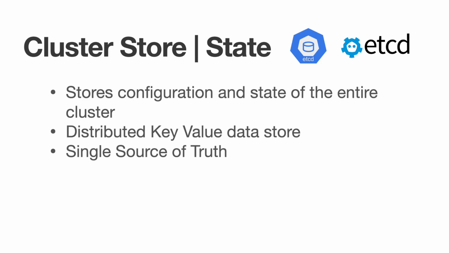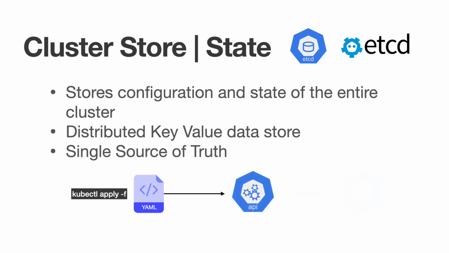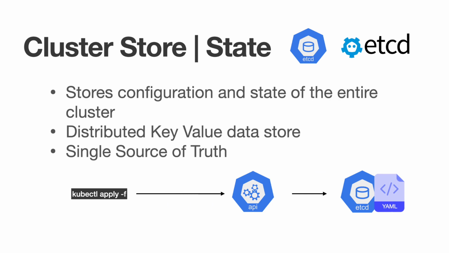So here, if I use kubectl, which you're going to learn in a second, and, for example, you want to apply a YAML manifest, then that goes through the API server all the way to the etcd store. So etcd contains the configuration for our entire state.